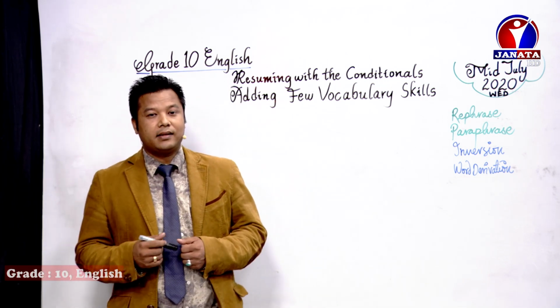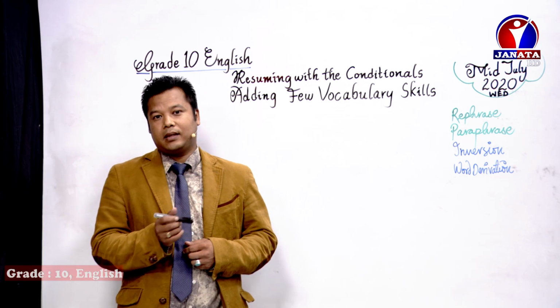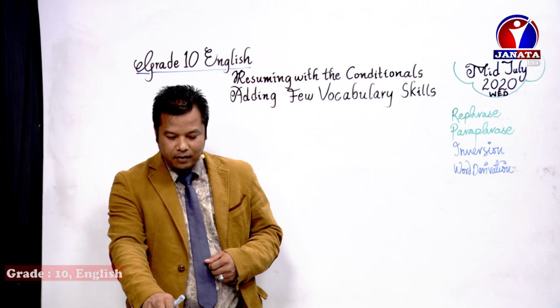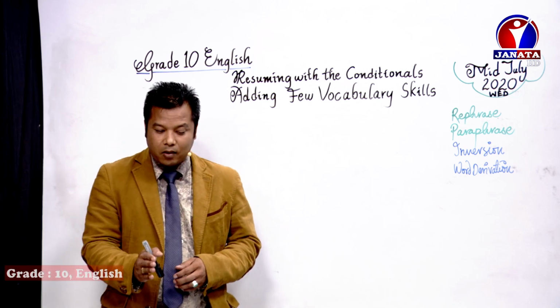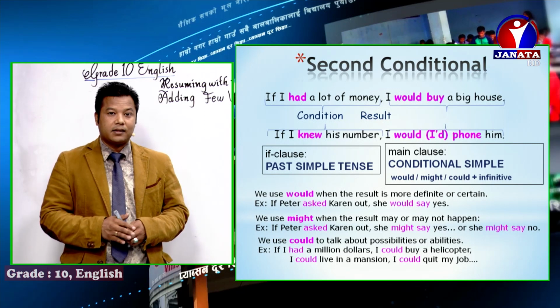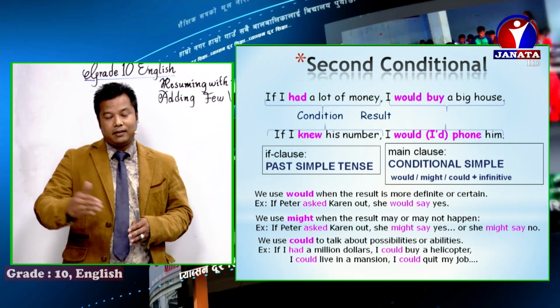If I am right, in our last week's class, we paused here. On my screen, I can see second conditionals, a few examples, and then I ended the class saying that we will resume this next week.